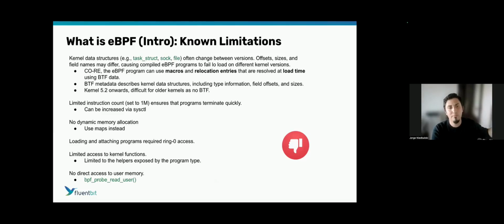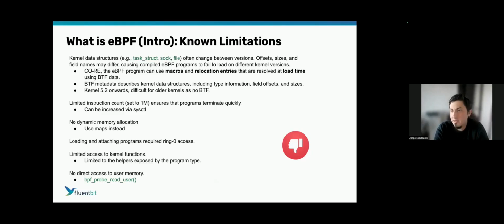For this, the programs can provide some BTF data that has all the relocation entries. As far as I understand, this works from kernel 5.2 onwards. In older kernels, the BTF metadata is not entirely accurate. Also, another problem with eBPF programs is that the instruction count is limited. I think it's limited to 1 million instructions, although this has been increased recently.